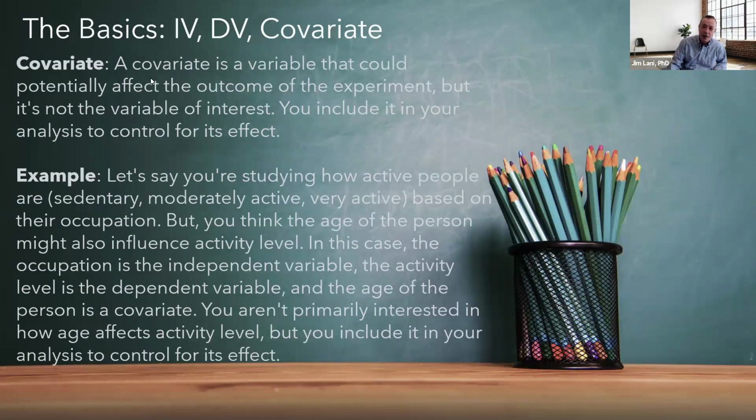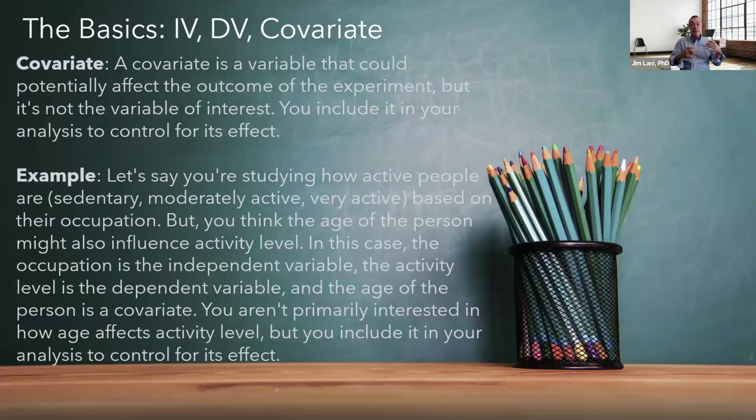Just speak to covariates very quickly. Covariates are things that you want to control or neutralize the effect of. So let's say I'm looking at run times for a mile, my dependent variable.